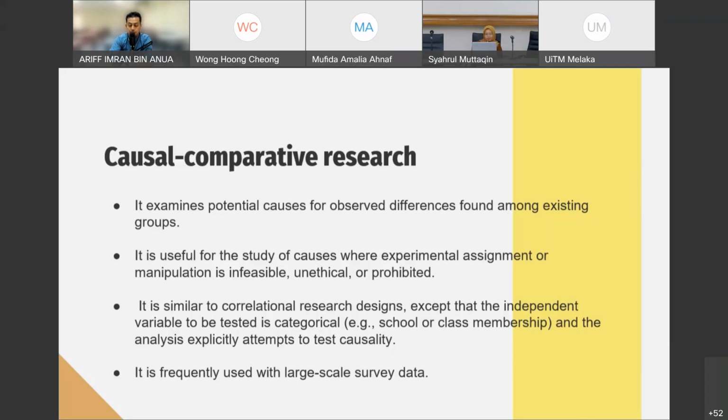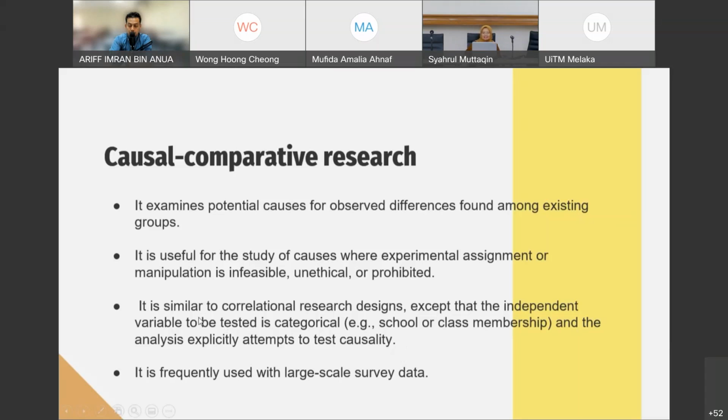How about male students and female students? Do they have different achievements? Yeah. And then in this kind of research, it is useful for the study of causes where experimental assignment or manipulation is infeasible, unethical, and prohibited.